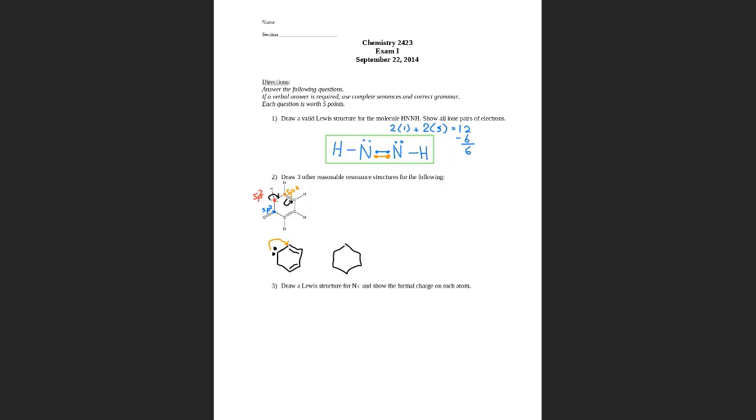So I can't jump my lone pair of electrons from one atom to the next atom. I can only go from atom to the bond in between, or from bond to one of the atoms.